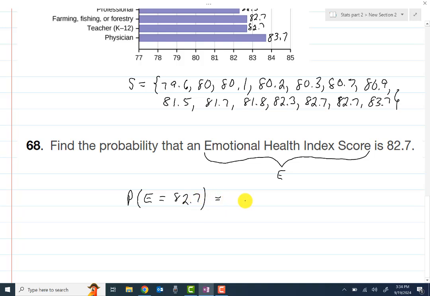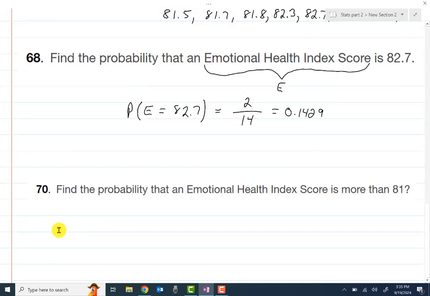Well, there's a total of 14 to choose from, and there were 2 of them that were 82.7. So you can leave the answer as that, or if you want, I can put it as a decimal, 0.1429.